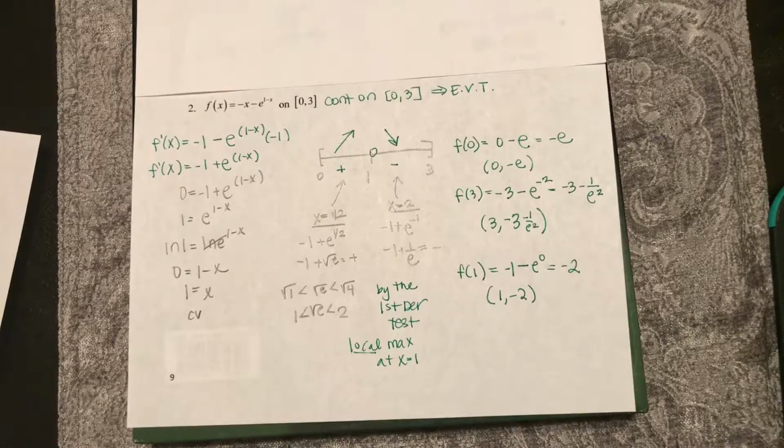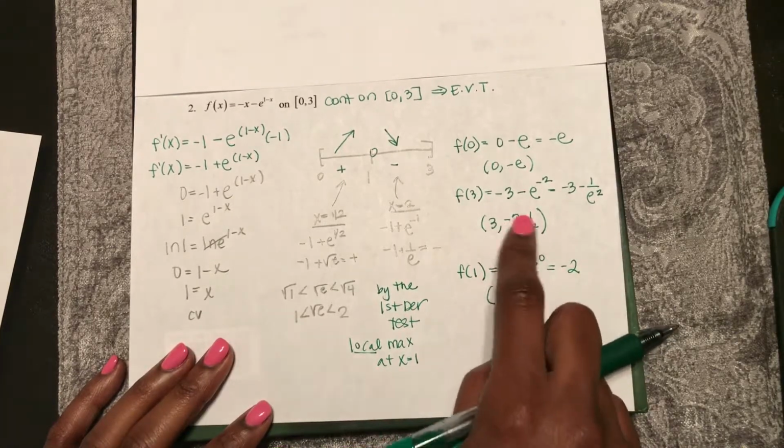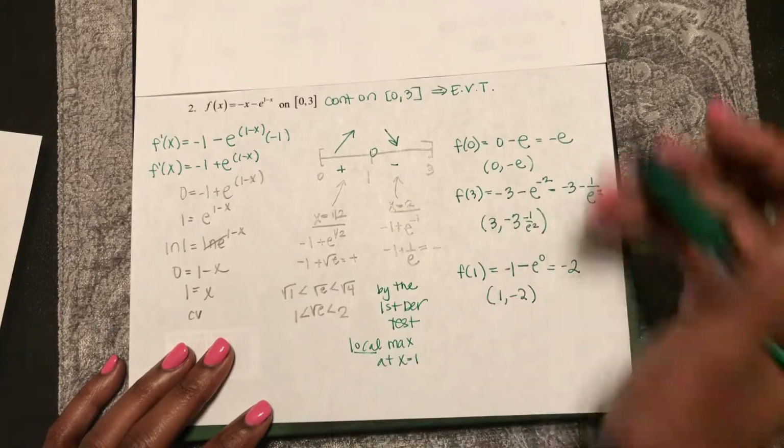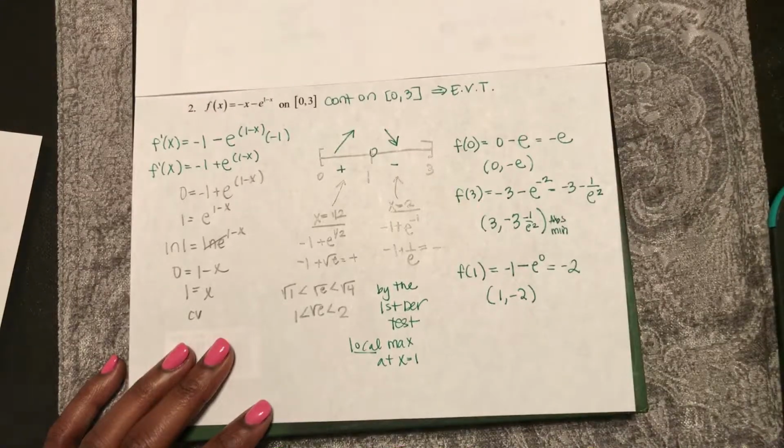Okay, so which one is the low or the absolute min? The lowest y value here is this one. It's going to be a bigger negative number than these two. So this is my absolute min. And then which one is the highest number?